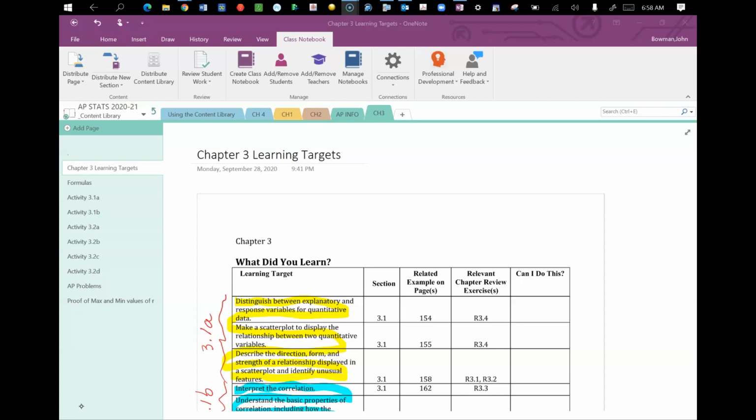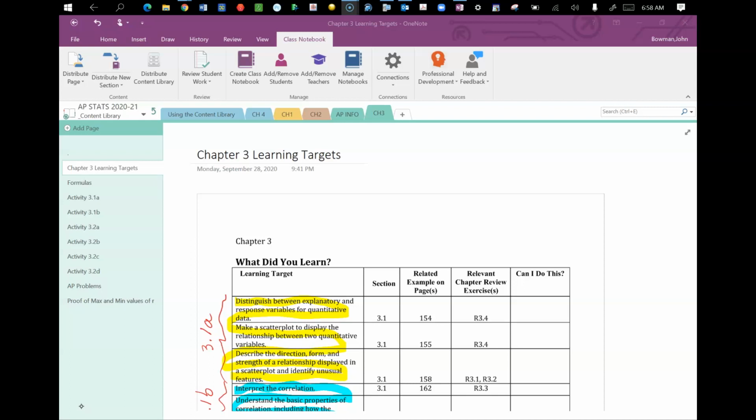In this chapter, we're going to cover how to graph that relationship, how to describe that relationship both in words and with numbers, how to find a linear relationship between two quantitative variables, how and how not to make predictions using those linear relationships, and how to measure the strength of those linear relationships.